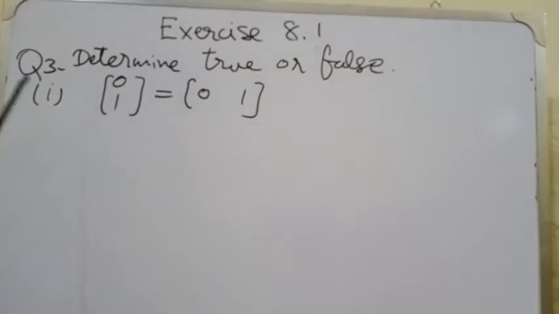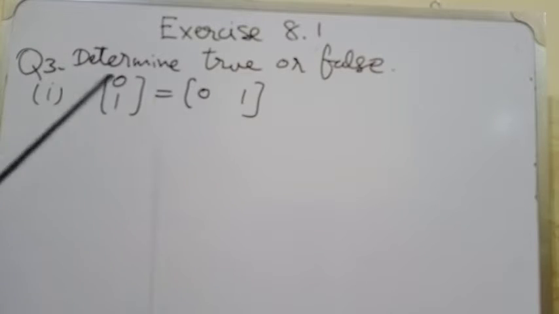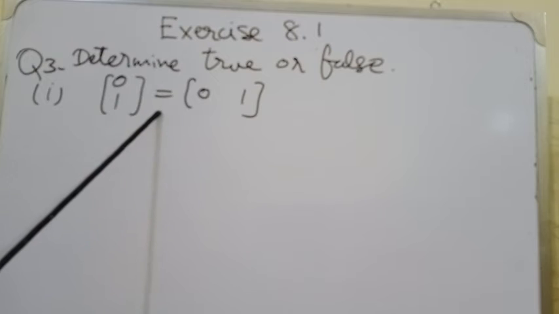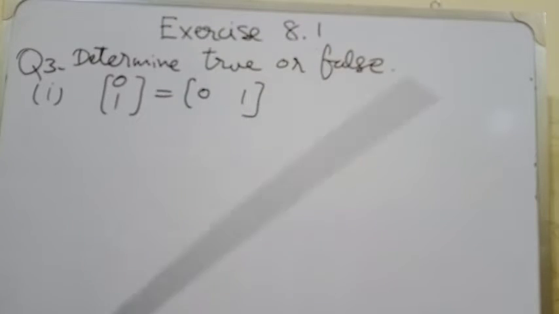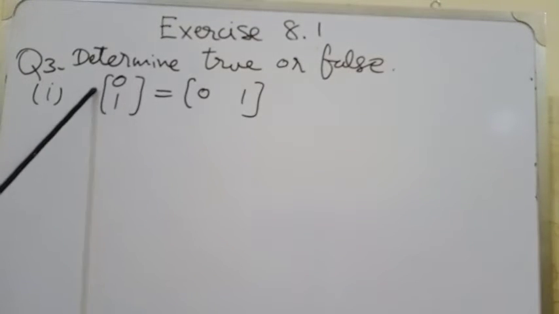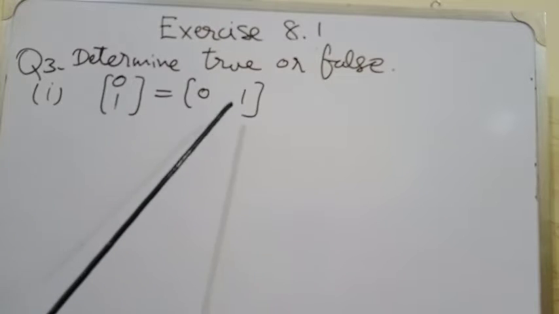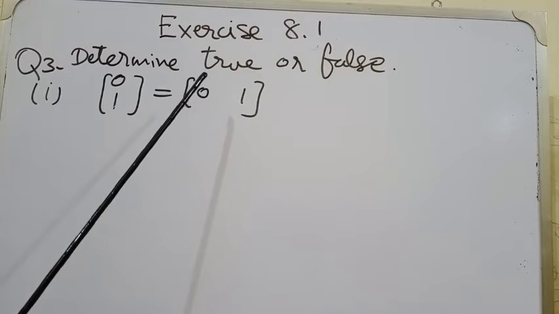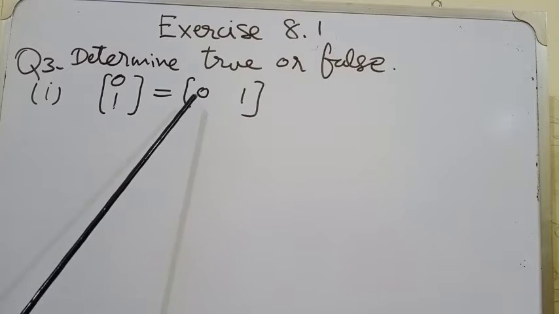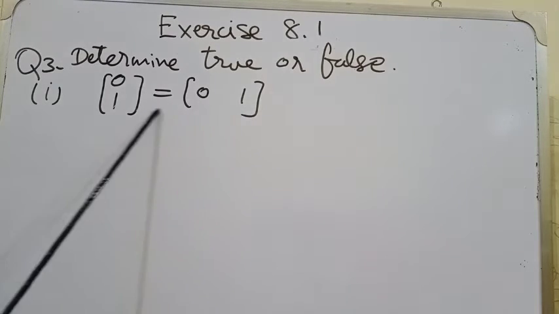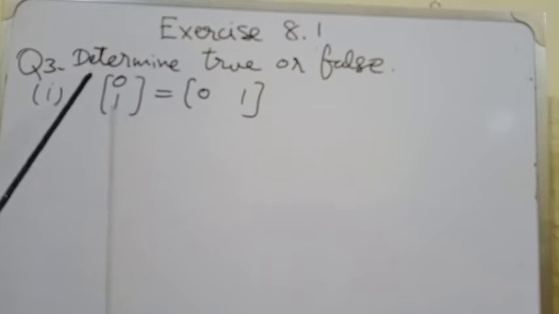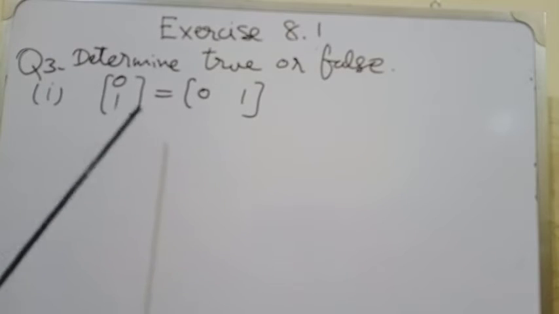Question number 3, determine true or false. First part of question number 3, we have the matrix 0 1 is equal to 0 1. We observe that this matrix has 1 column and 2 rows, but this has 2 columns and 1 row, and their order is not the same. Rows come first and columns second.